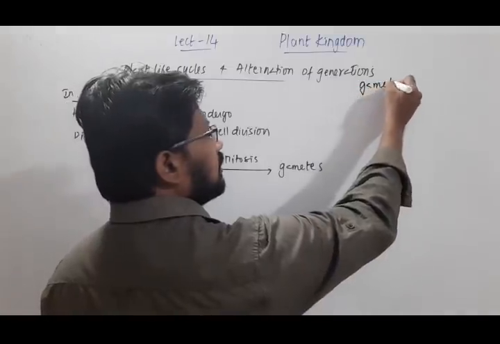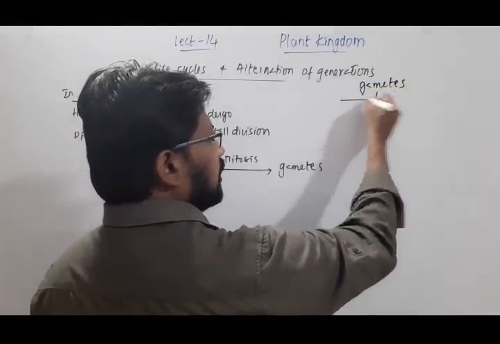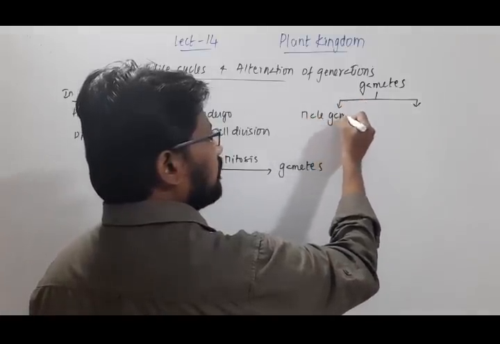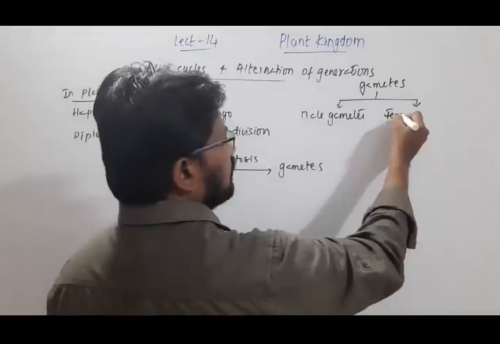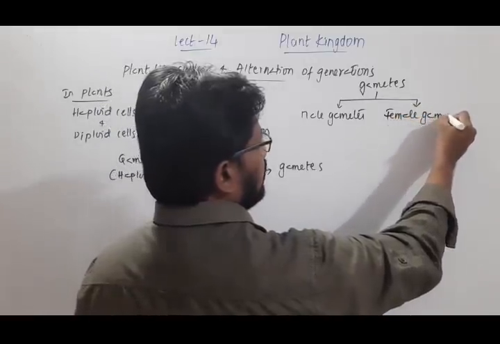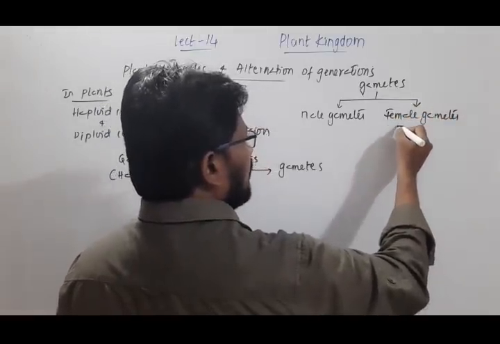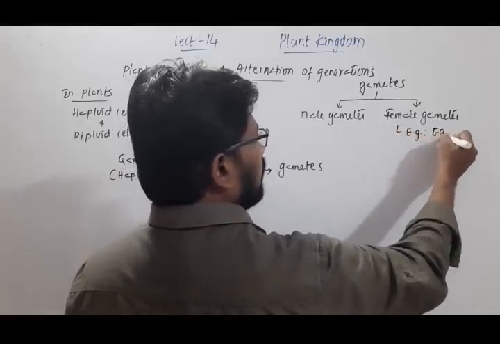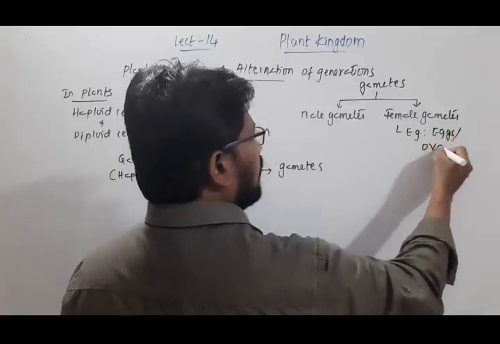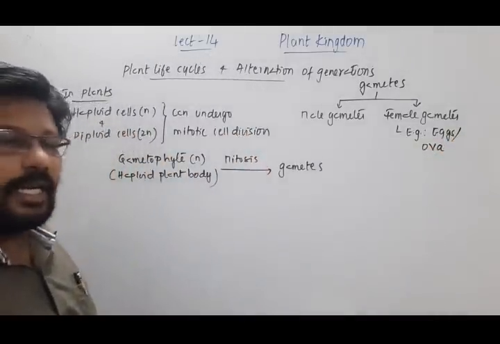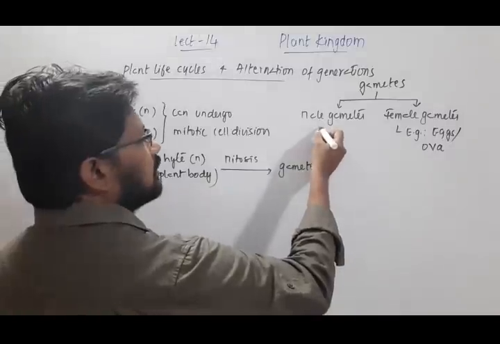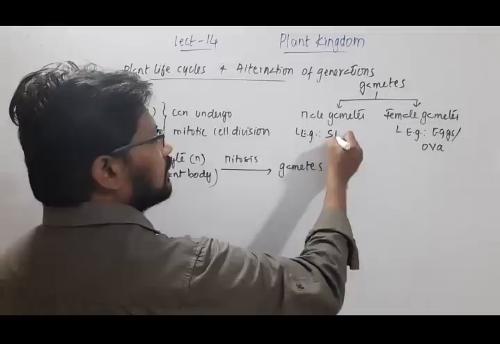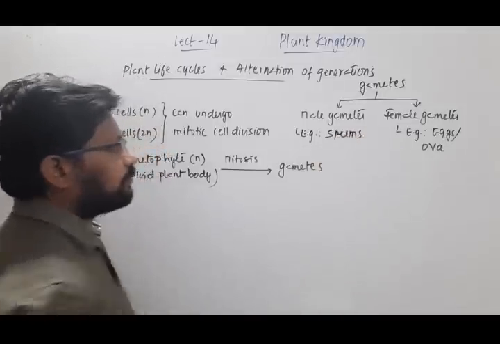So here those gametes, we can classify into male and female gametes. Gametes are usually single celled. The female gametes are eggs, or ova, whereas the male gametes are the sperms.